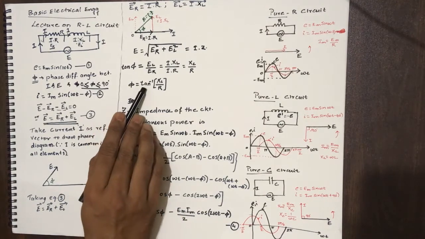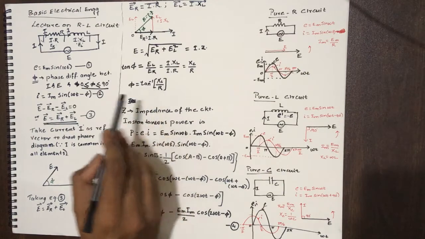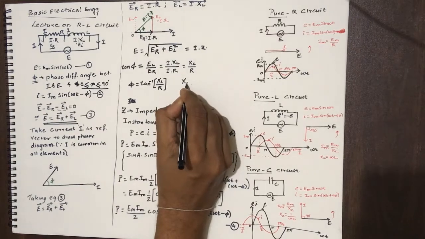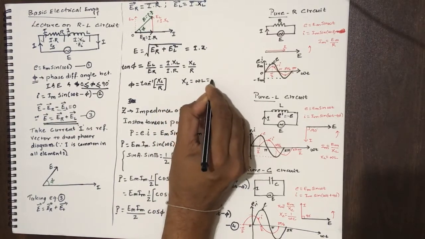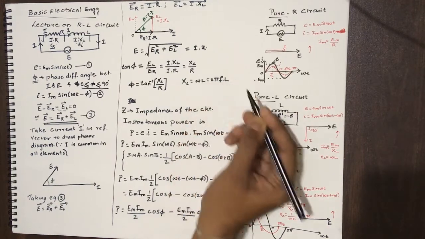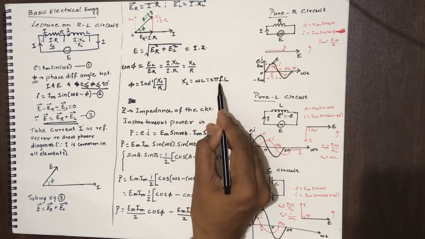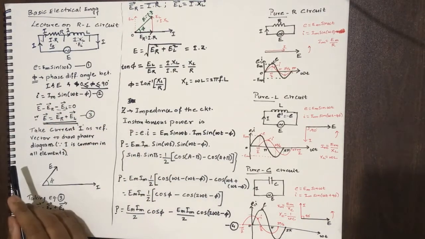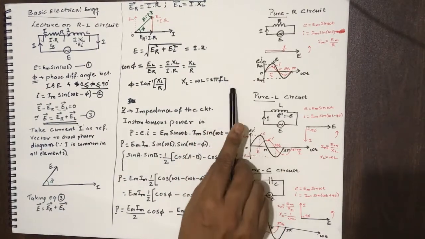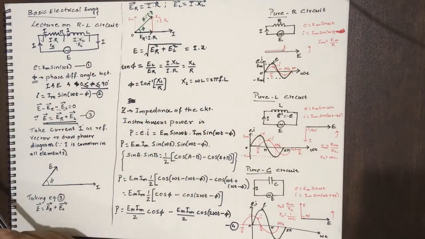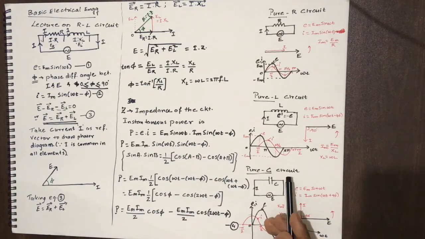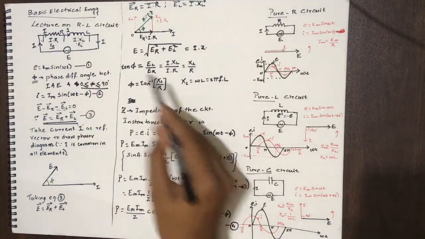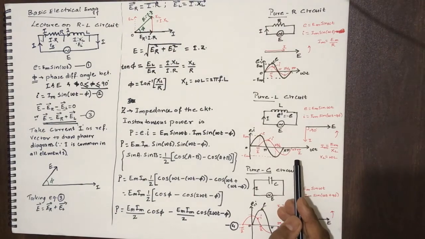Since phi is equal to tan inverse of XL over R, XL is equal to omega L, or 2 pi F into L. F is the supply frequency of the input voltage and it will remain constant as long as we operate the circuit, and L is the component value of the inductance, which will also remain constant for whatever circuit we have taken into account. Hence XL will remain constant, and R is the implicit resistance of the inductive coil, which is also constant for the given inductive value.